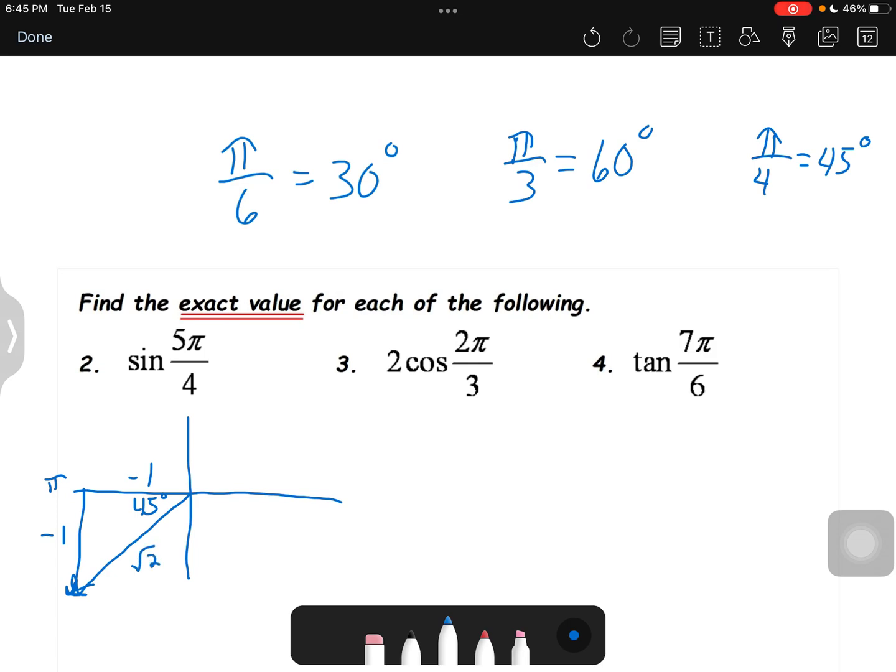So sine of that, opposite over hypotenuse, would just be -1 over root 2, or negative root 2 over 2. Okay, but I know it's negative because it is in quadrant 3, and I should be able to figure that out by 5 pi over 4. Now, if you want to convert it, go ahead and convert it.